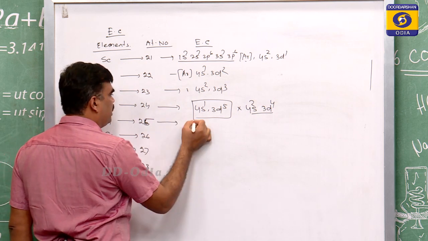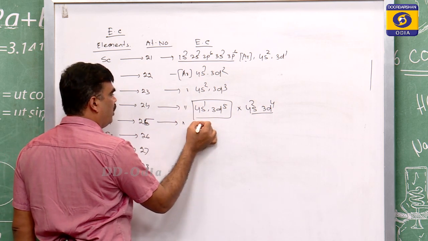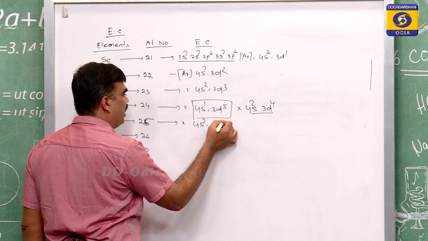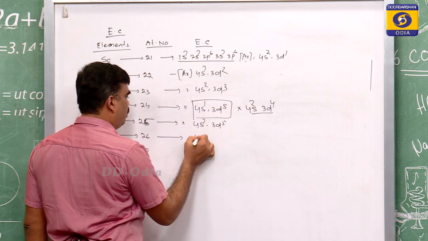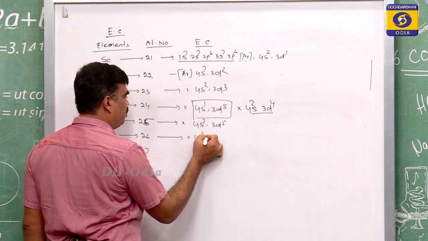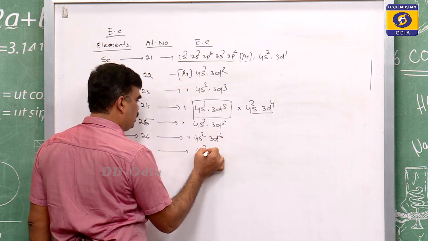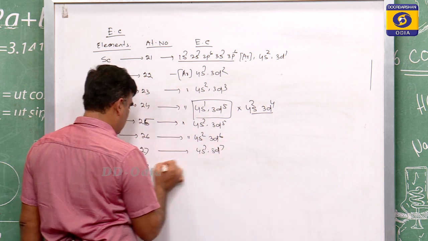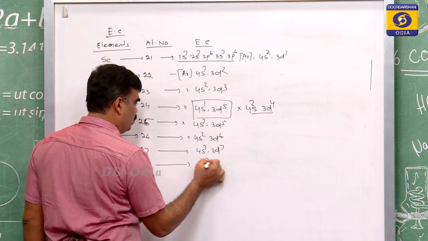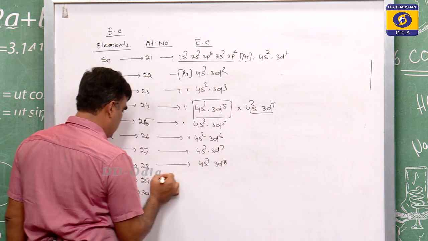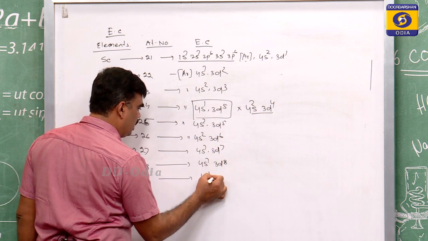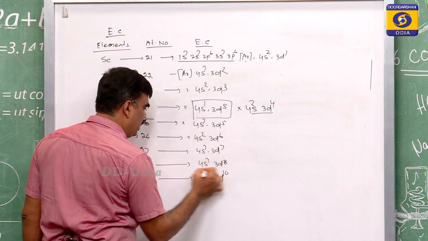In case of manganese, you have argon 4s2, 3d5; iron, argon configuration 4s2, 3d6; cobalt 4s2, 3d7; nickel (28) 4s2, 3d8; copper 4s1, 3d10.